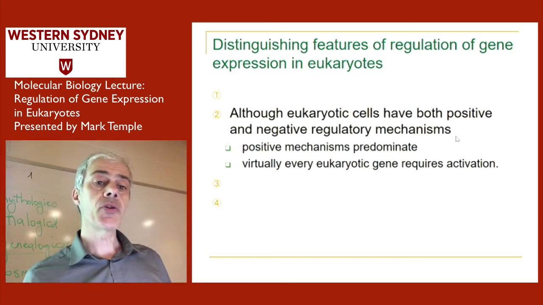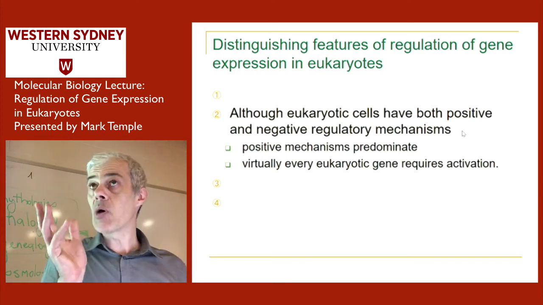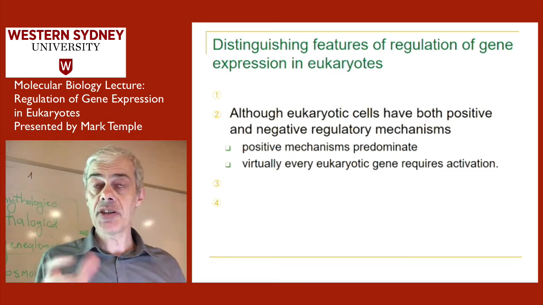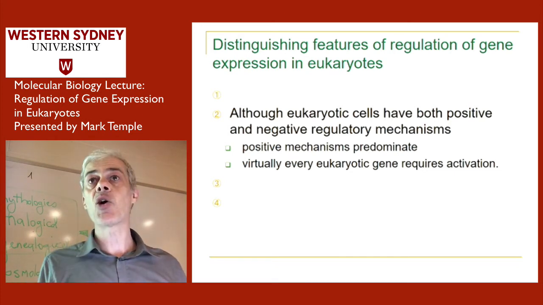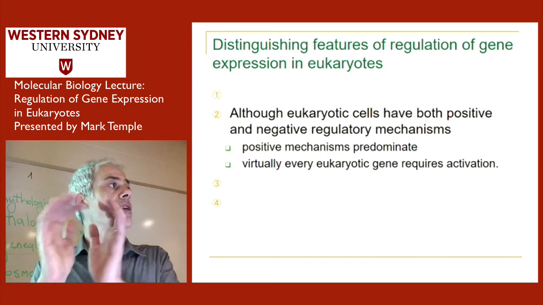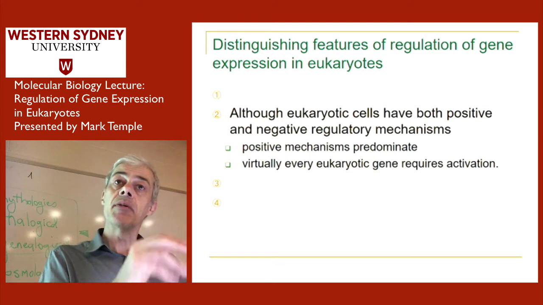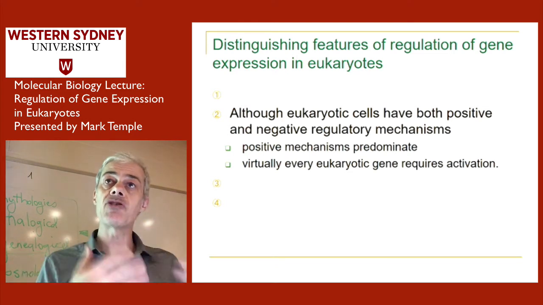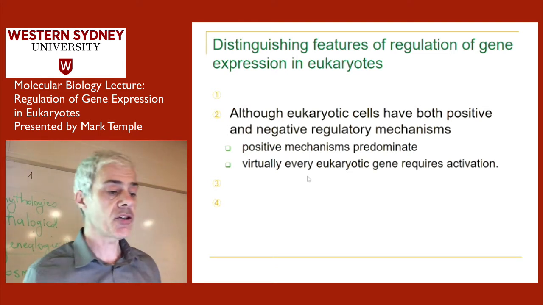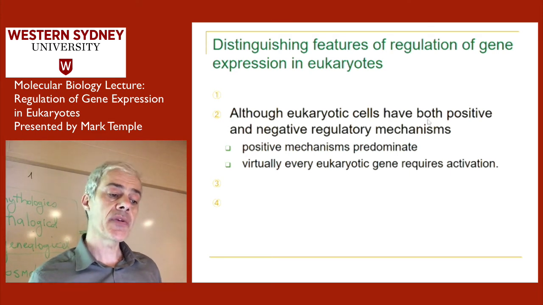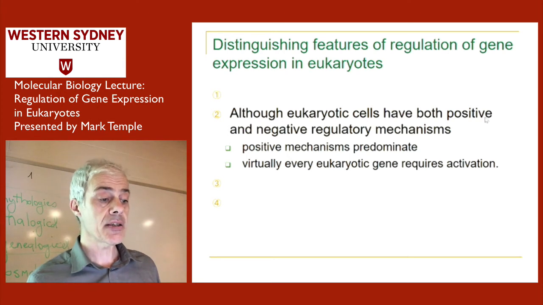Again, last week I was talking about proteins that regulate gene expression, and I talked about the lac operon, and we had the green-coloured cartoon protein that was the activator, and the red protein that was the repressor, following the traffic light kind of cartoon. So in eukaryotes, we also have positive and negative regulatory mechanisms, in other words, repressors and activators.